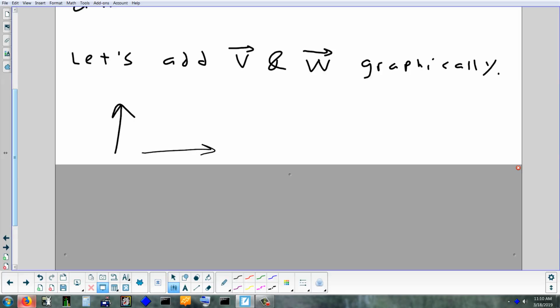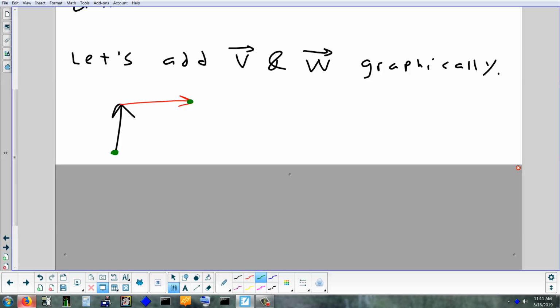Well, the way you do it is you position the end of one vector right where the beginning of the next is. So the terminal point, if I make this a different color, so the terminal point of the vector in black lines up exactly with the initial point of the vector in red. Okay. Now, the last step, if you want your answer, would be take what you just drew, look at where you start, follow the arrows till you get to the end.